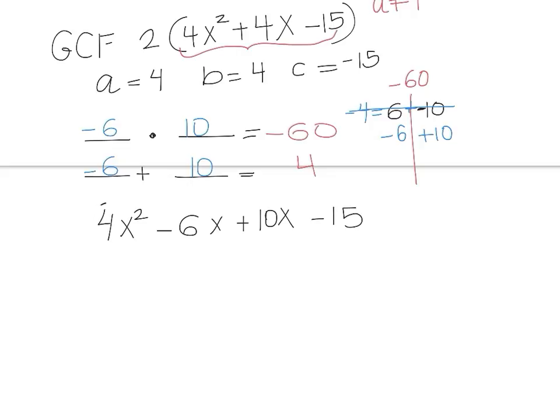I group the first two and the last two terms, and I try to find the GCF between these two terms. So 4 and 6, I can see that there's a 2 in common. This is an x to the power 2, and this is an x, so there is an x in common. 4 divided by 2 is a 2.